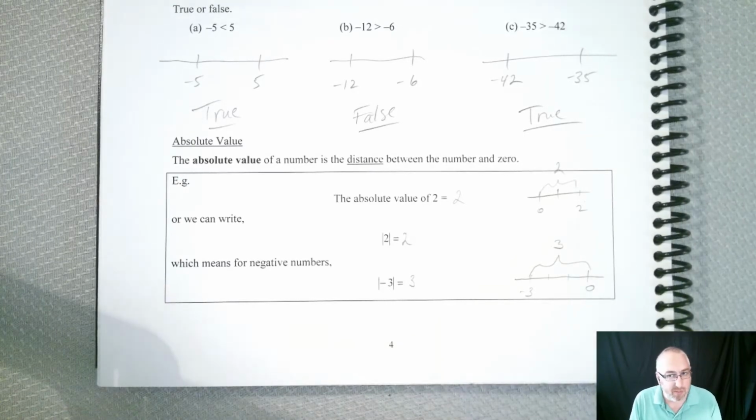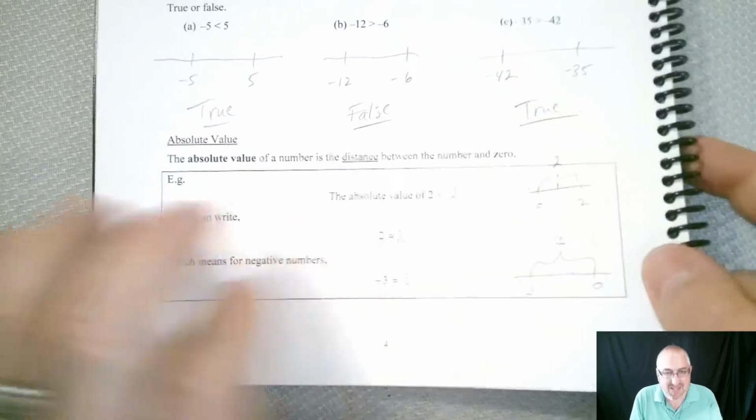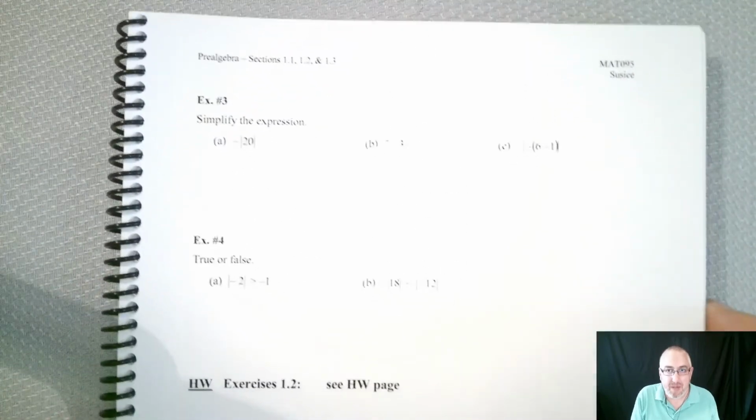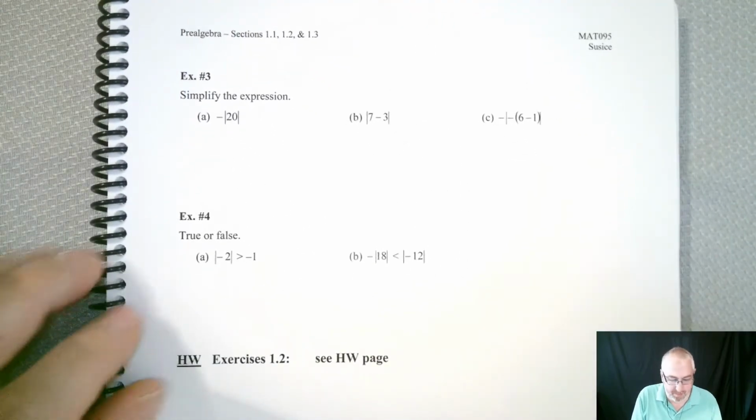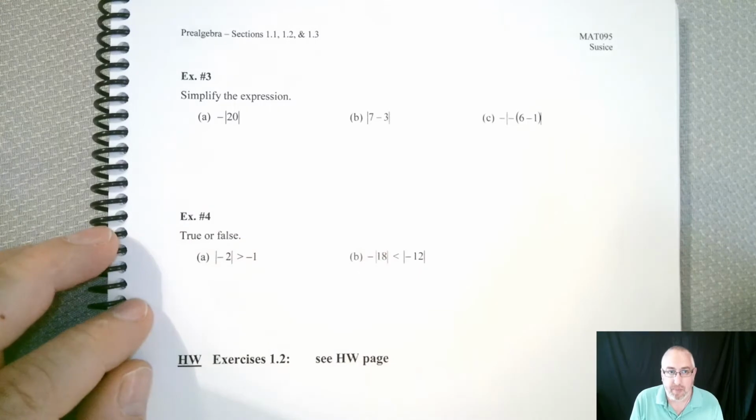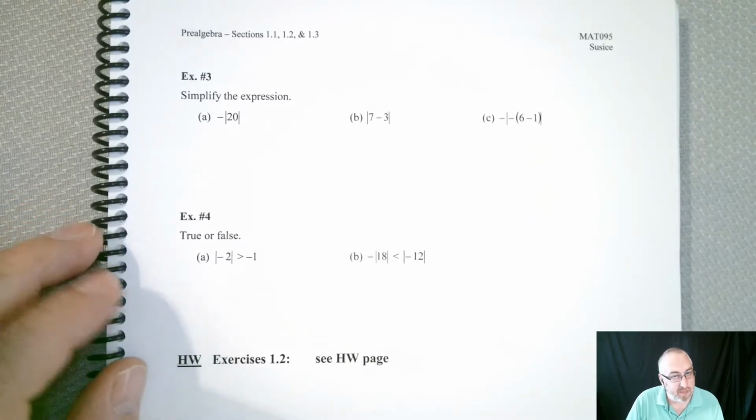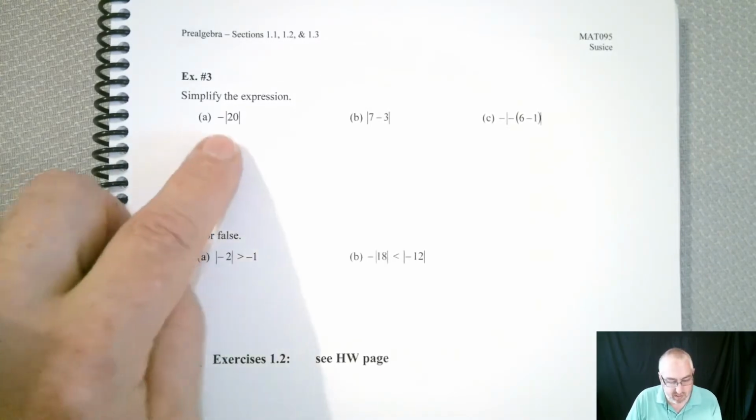Now, can we do some little things to kind of trip you up on this? You betcha. So let's take a look at the next page and see what that could look like. So now, what's that going to be equal to? Now, if your gut reaction is 20, well, that's not right. Because look at where the negative sign is.